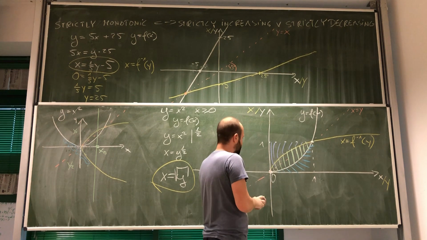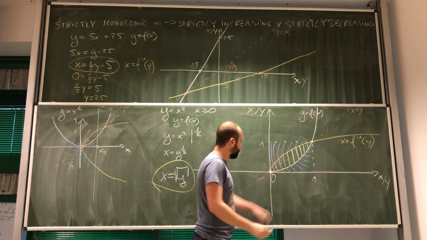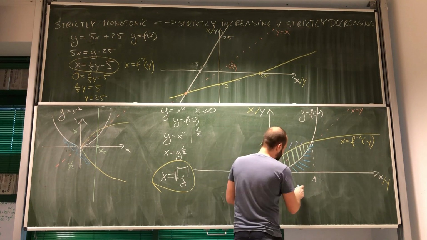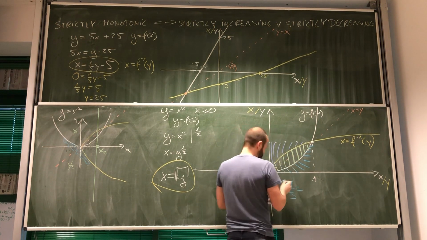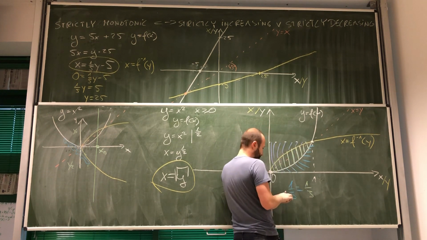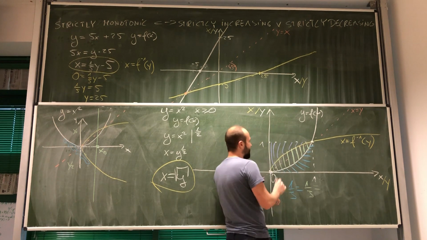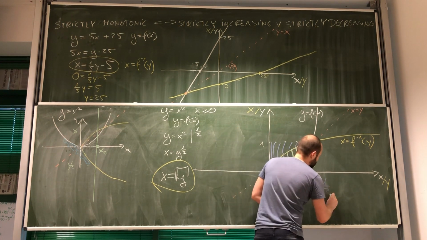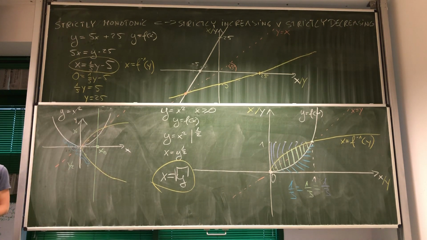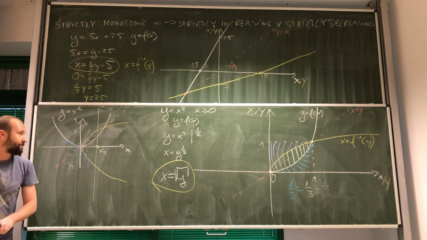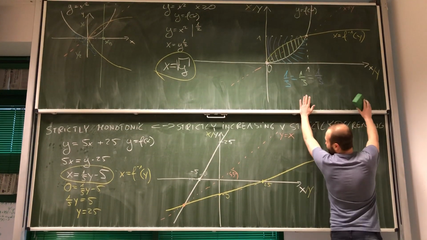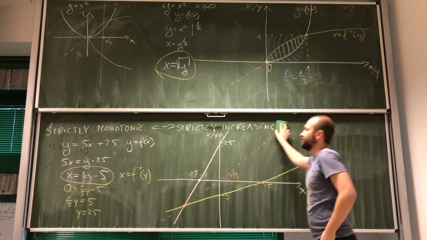And look, the size of this area you see over here is 1 over 3, and it's equal to the size of this area, which is also equal to 1 over 3, which means that it is equal to the size of this area, which is equal to 1 over 3. We're going to prove it a little bit later using integrals, but for now, let's go back to inverse function, and now let's derive the inverse function rule.